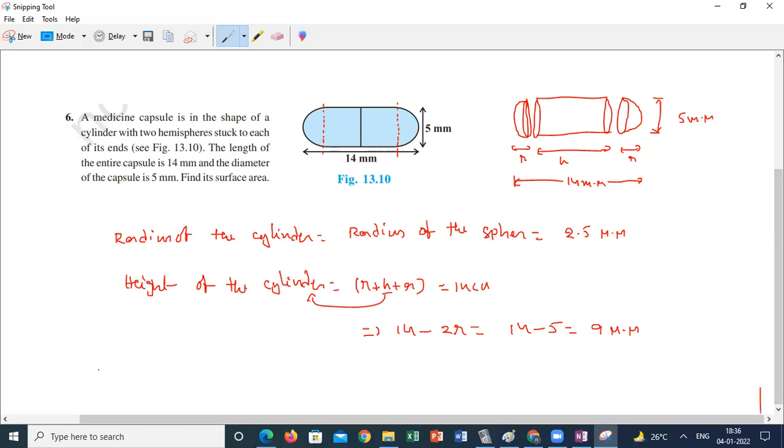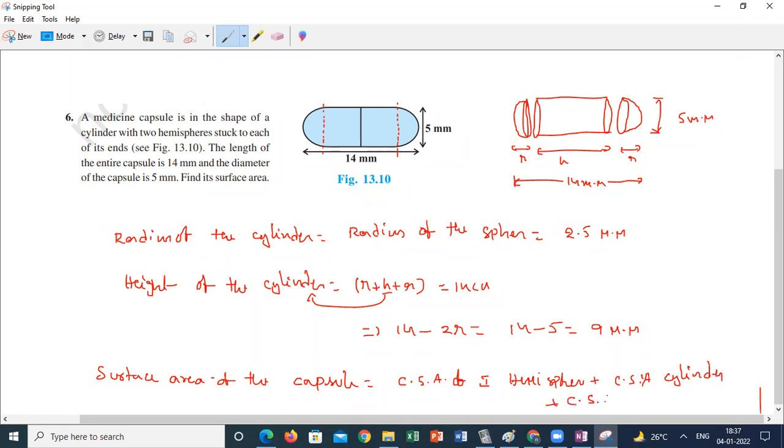Now he is asking the surface area of the capsule. Surface area of the capsule is equal to the curved surface area of the first hemisphere plus CSA of the cylinder plus CSA of the second hemisphere.